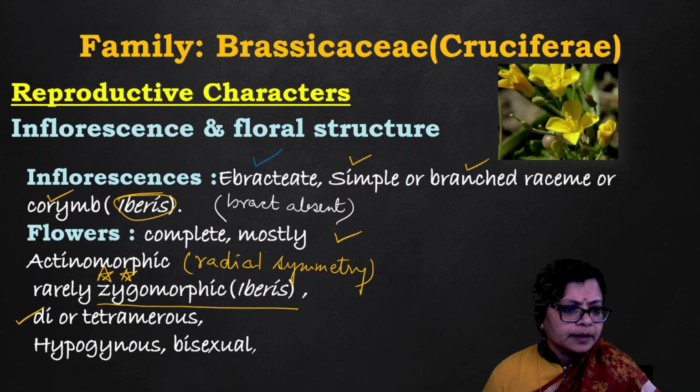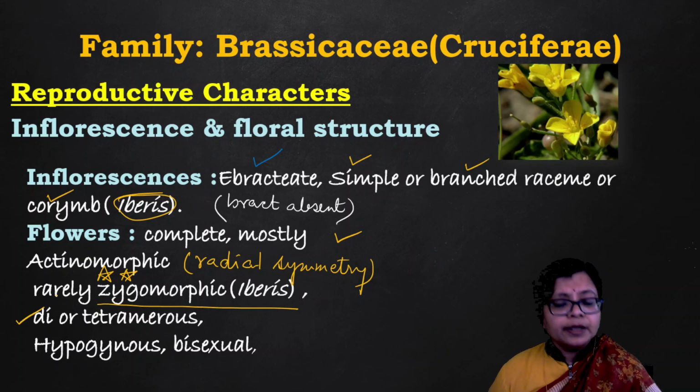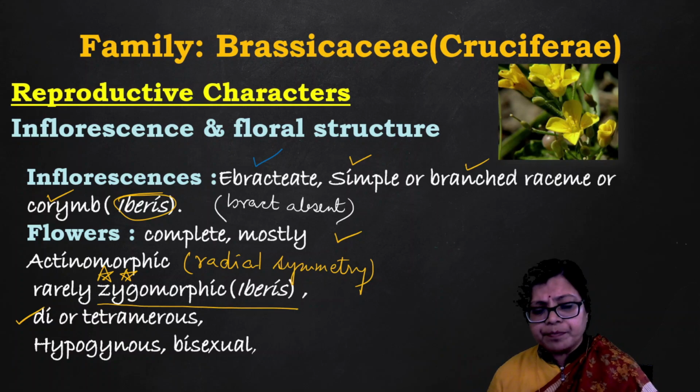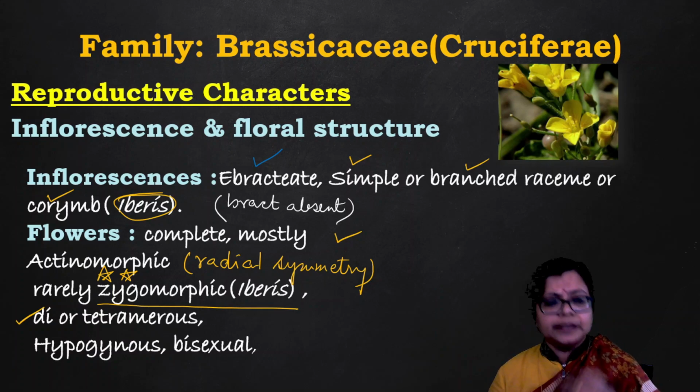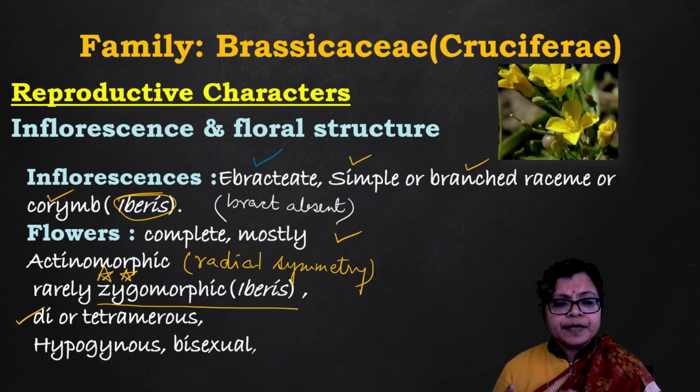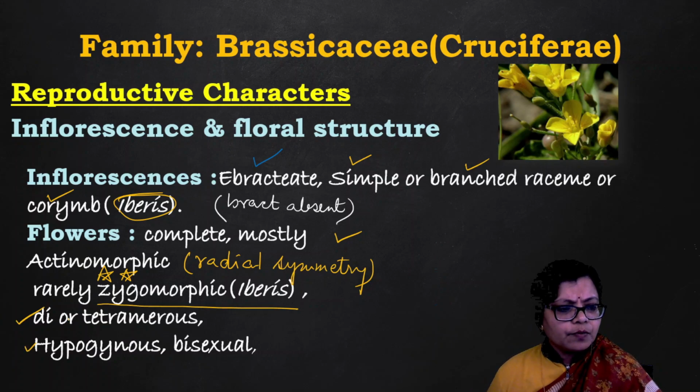Now the next one, dimerous or tetramerous. What does it mean? Dimerous means in each whorl the number of the members are 2 or the multiple of 2. Tetramerous means the members in each whorl present either 4 or the multiple of 4. Hypogynous. What does it mean?